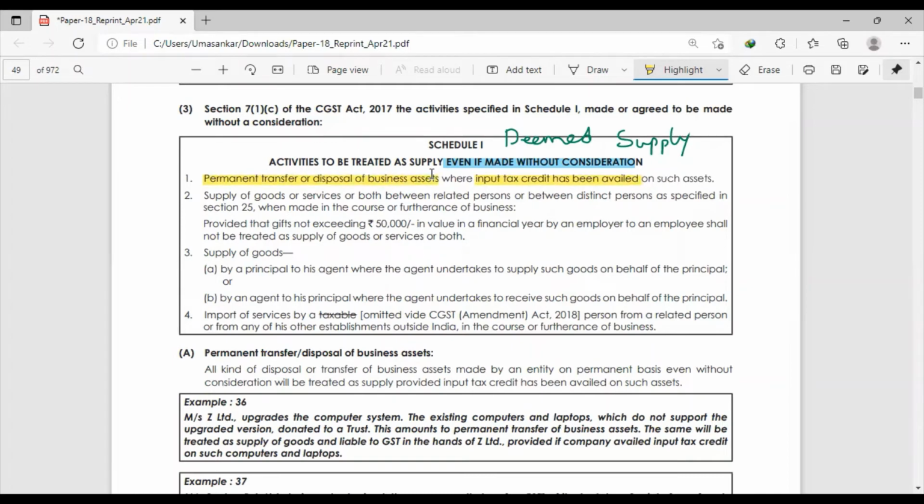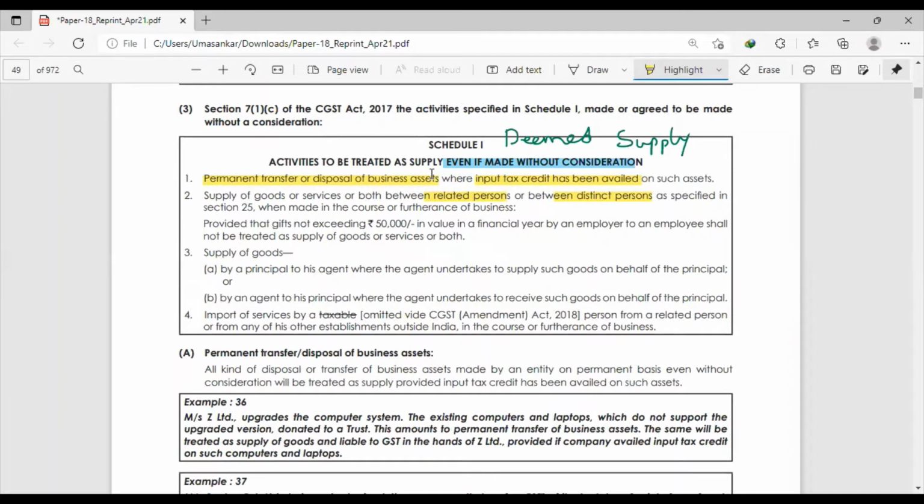Next point. Supply of goods or services or both between related persons or between distinct persons as specified in section 25 when made in the course or furtherance of business. Means definition of related person and distinct person we'll go through later on.